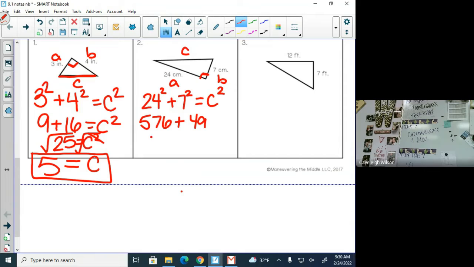That's 625 equals C squared. Then to get rid of that squared, I'm going to square root it. So C equals 25.